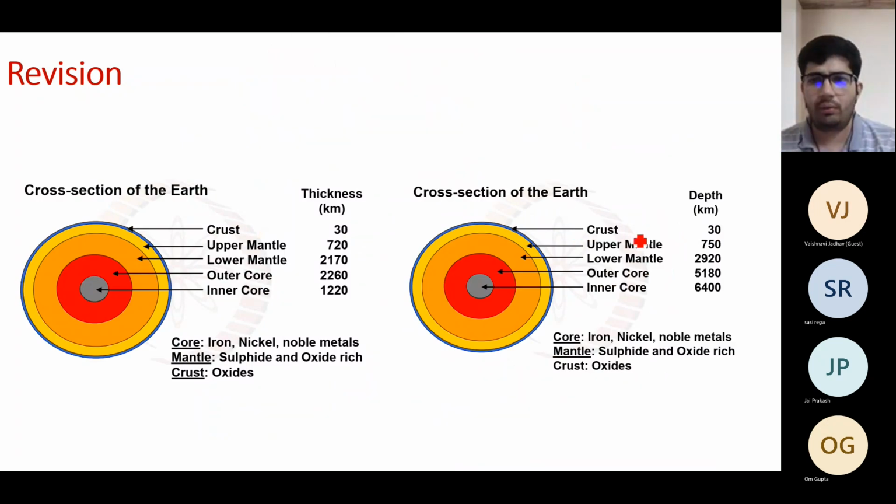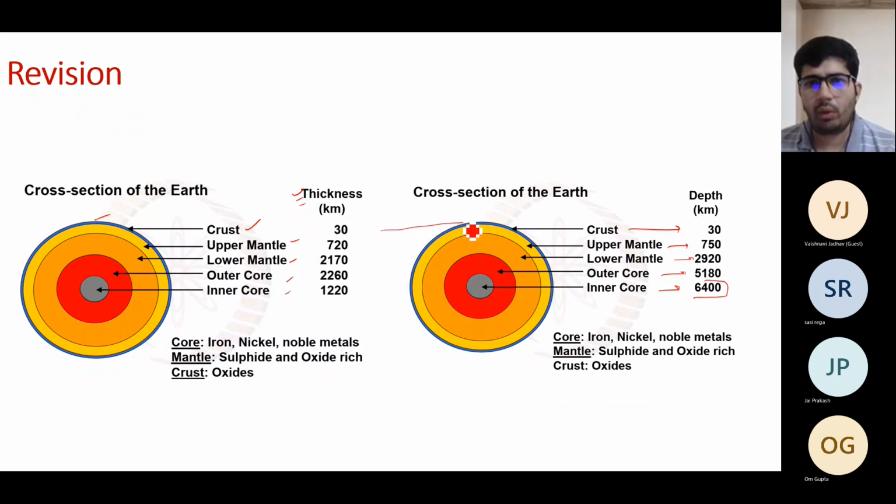If we know the depth, suppose this was the thickness of each layer: crust, upper mantle, lower mantle, outer core. Now what is the depth from the surface of the earth? For the crust it is up to 30 kilometers, upper mantle 750 kilometers, lower mantle 2920 kilometers, outer core 580 kilometers, and inner core 640 kilometers.